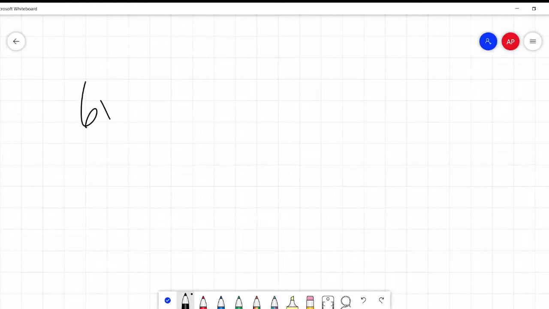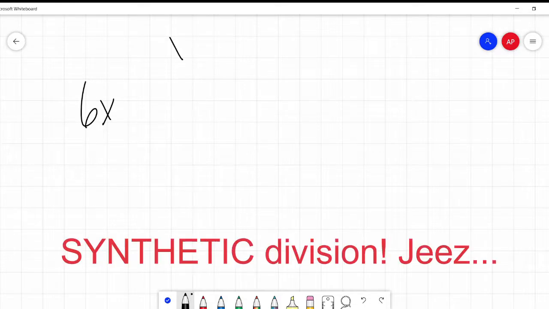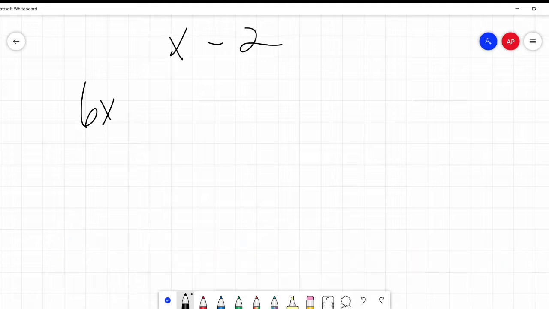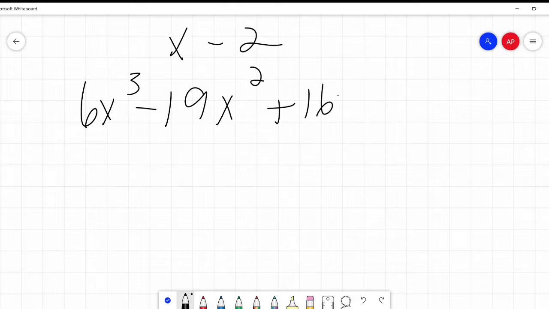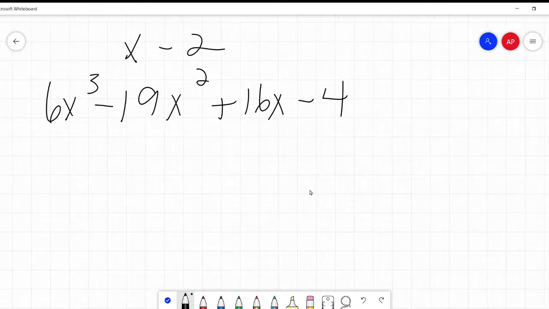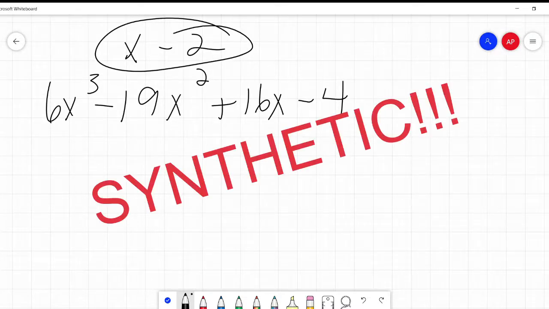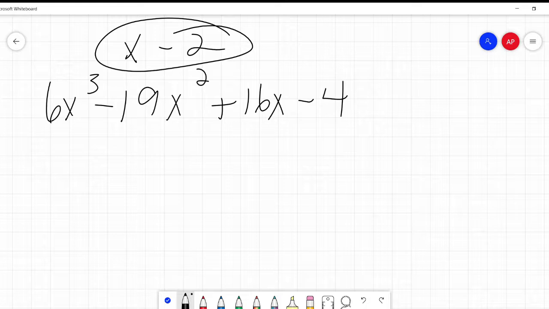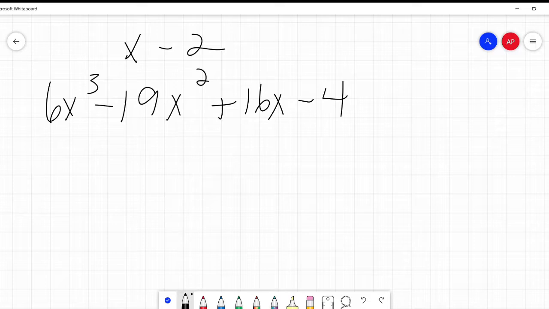Determine using long division if x minus 2 is a factor of 6x cubed minus 19x squared plus 16x minus 4.